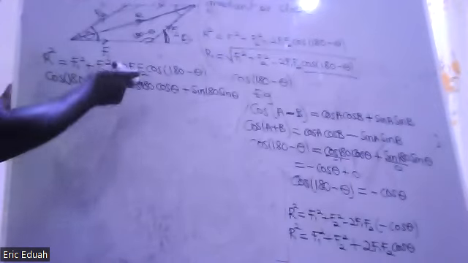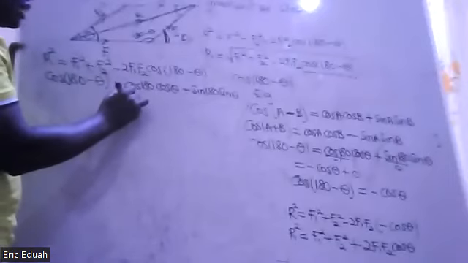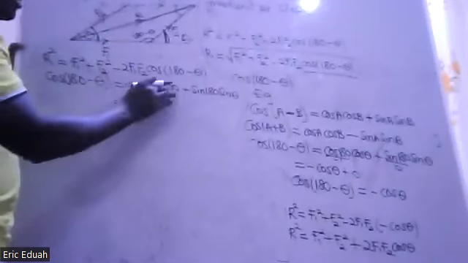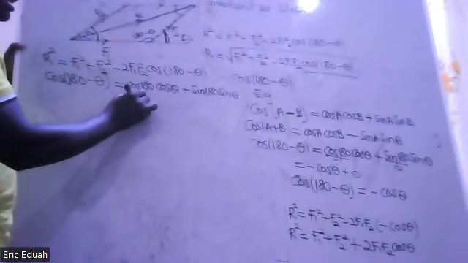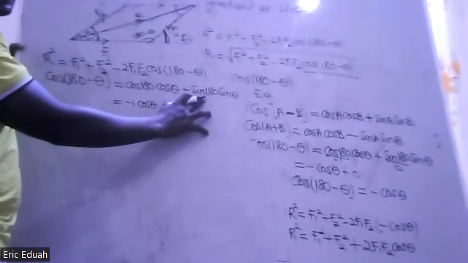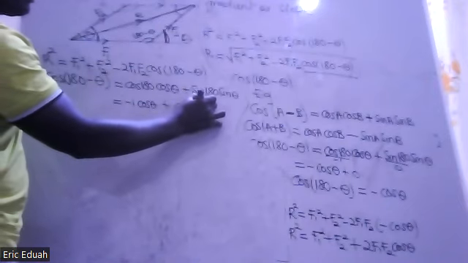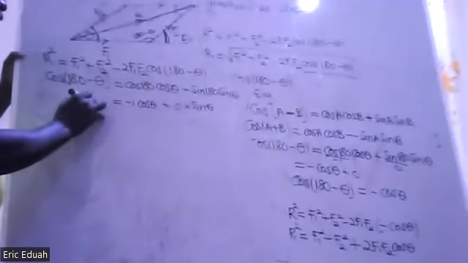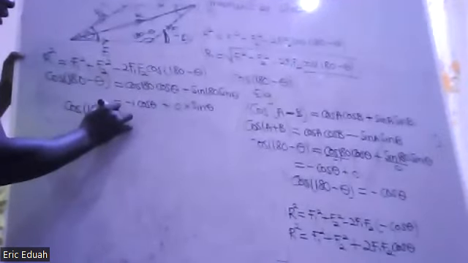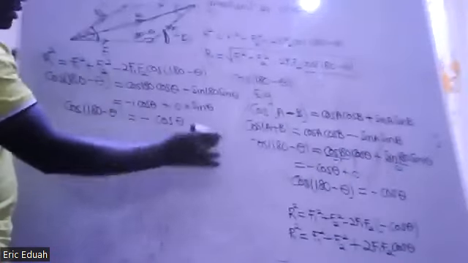Now we put in our values. Cos 180 is equal to negative 1, times cos theta, plus sine 180, which is 0, times sine theta. So in effect, we realize that cos of 180 minus theta is equal to negative of cos theta.